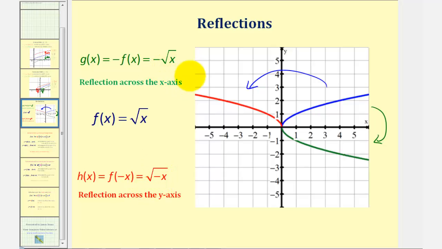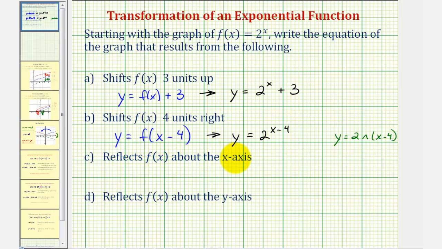So again, reflecting across the x-axis, we change the sign of the function values, or y values. When reflecting across the y-axis, we change the sign of the x-coordinates, so we substitute negative x for x. So if we want to reflect across the x-axis, again, our goal is to change the sign of the function values, or y values.